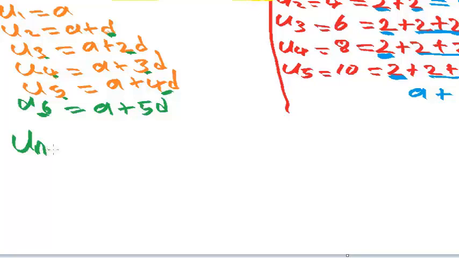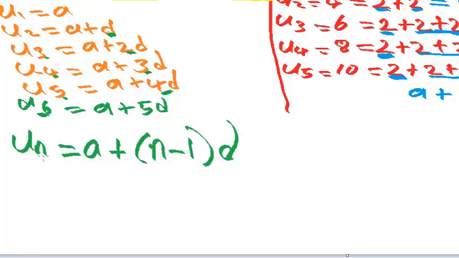So un is equal to a, where a is the first term of any of the linear sequences. So that will be a plus, and note that here is n, a plus n minus 1 d.